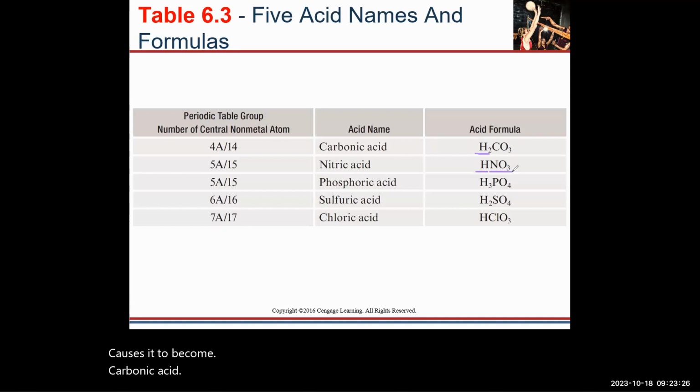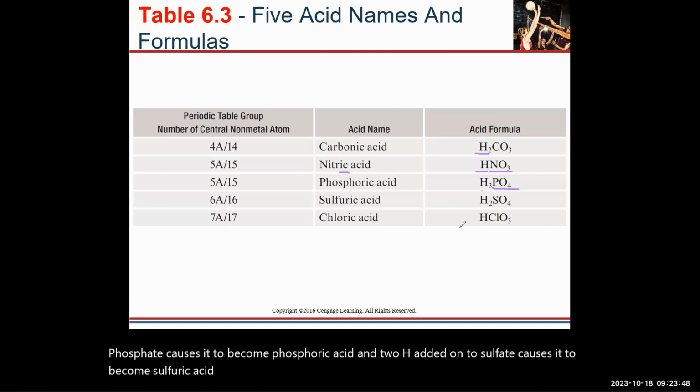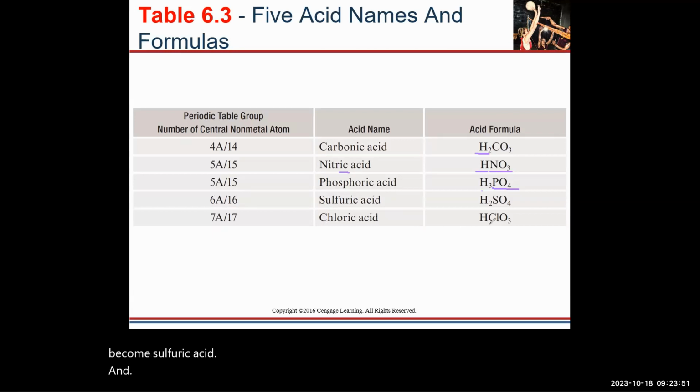H added onto nitrate causes it to become nitric acid. Three H's added onto phosphate causes it to become phosphoric acid, and two H's added onto sulfate causes it to become sulfuric acid, and H added onto chlorate causes it to become chloric acid.